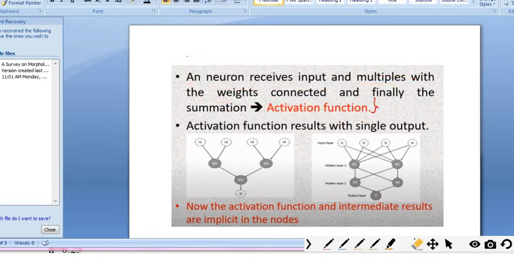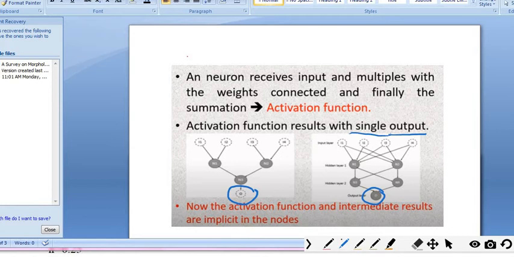We have n number of activation functions, and an activation function results in a single output. Everywhere we apply an activation function, the result is a single output, and this is the output layer.